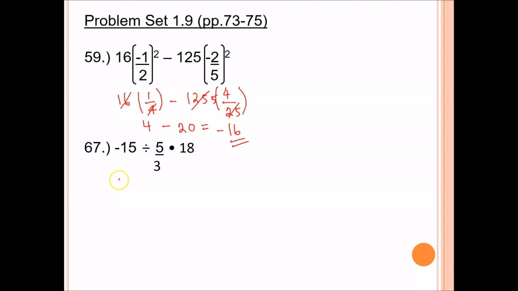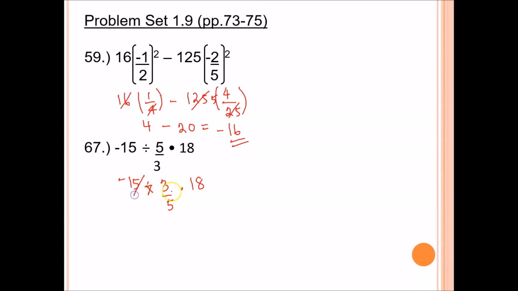Number 67. Negative 15 divided by 5/3 times 18. Now, what do you want to do first? Okay, deal with the first two. So negative 15 divided by 5/3 is simply like multiplying negative 15 by 3/5. And then we proceed with multiplication.